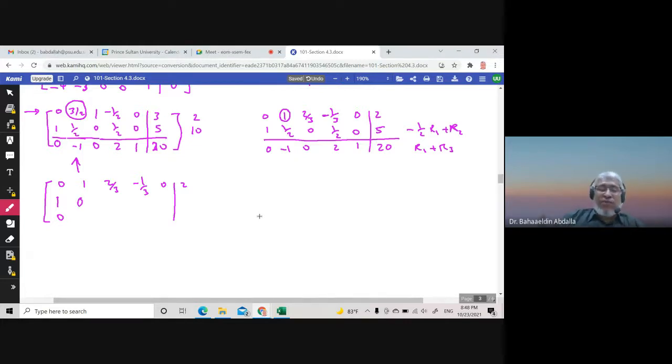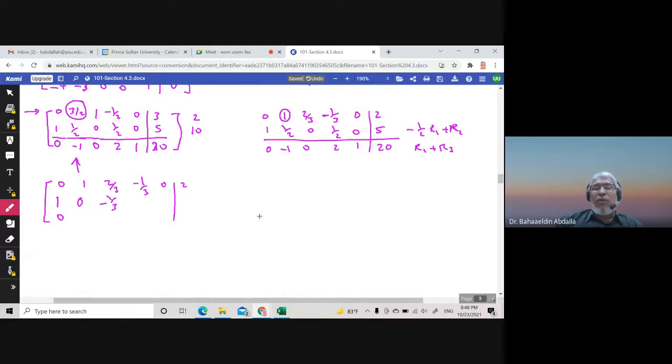Negative half times negative half times 2 over 3 is plus 0. So this is negative 1 over 3. Okay.